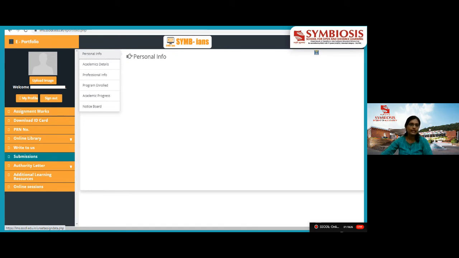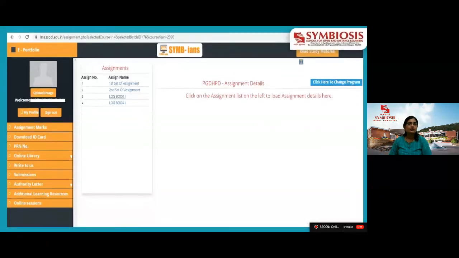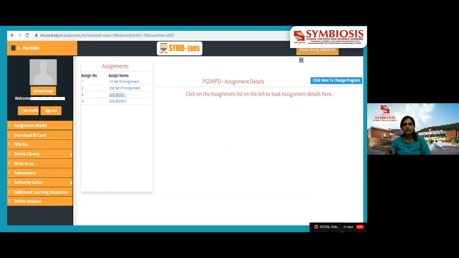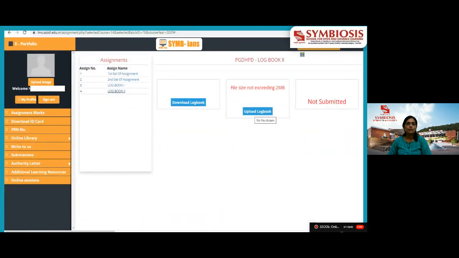You click on submission here, then you can click on logbook 1, then you can go to logbook 2, and here you will upload a file. The file should be less than 2 MB. If you are including pictures and diagrams, please ensure that they are of small size, because including pictures makes the file heavy. Please ensure that the file does not exceed 2 MB. You can compress the images or the entire file to fit.